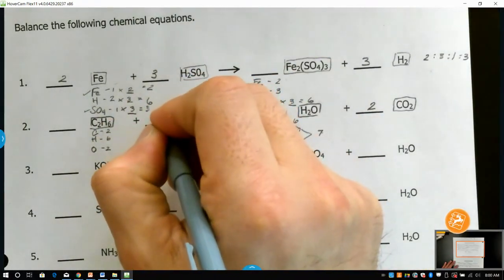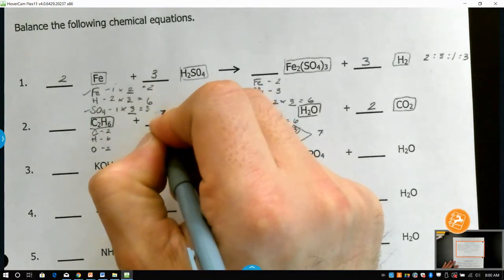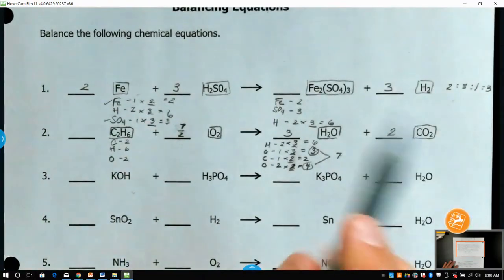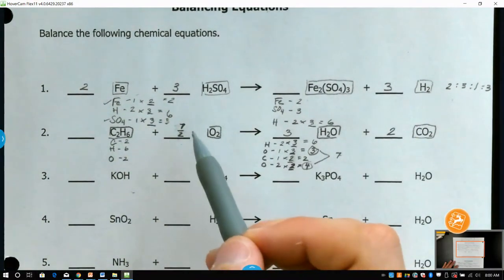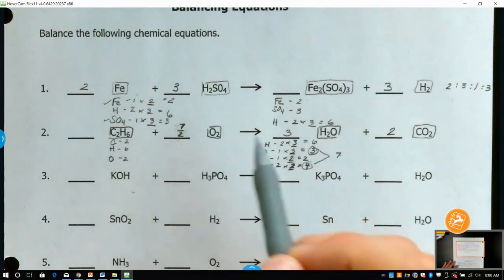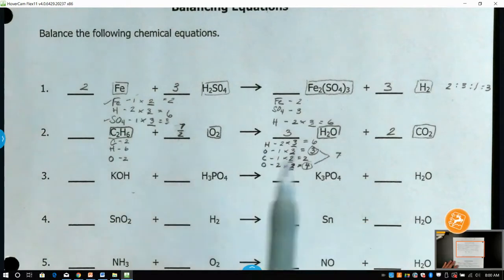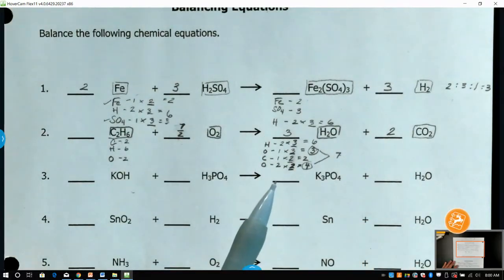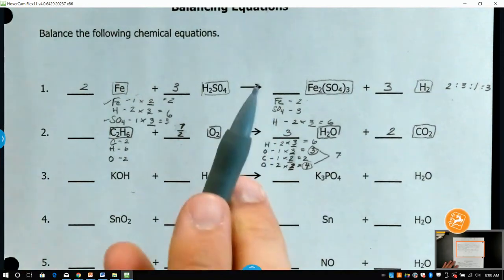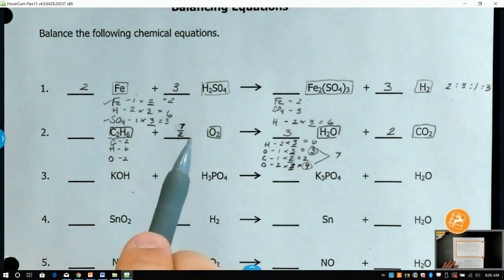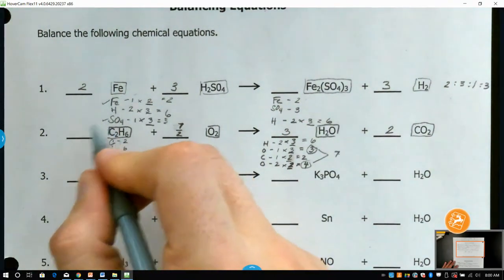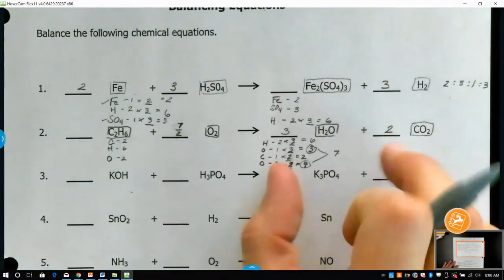Just watch before you write down. 7 over 2. So to get rid of this 2, what would I have to do? In a fraction, how would I be able to get rid of that 2? Multiply by 2. Now, you can't just multiply this one by 2. You would have to multiply the whole equation by 2.